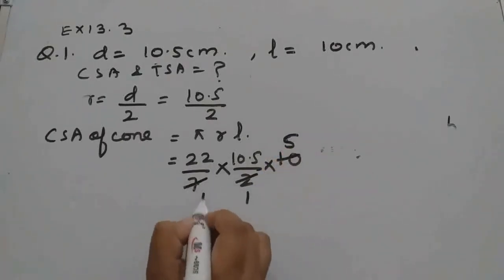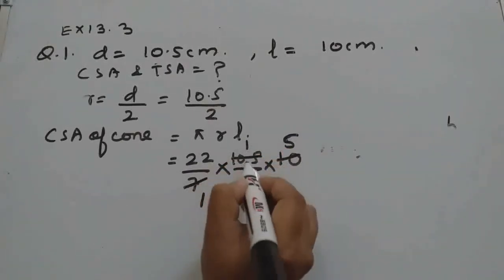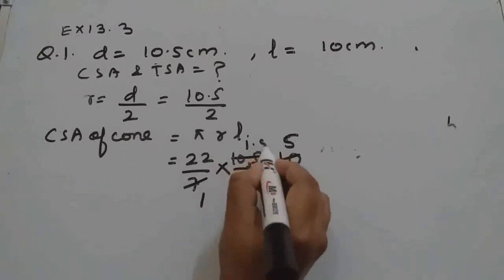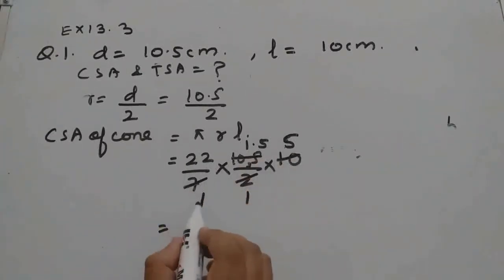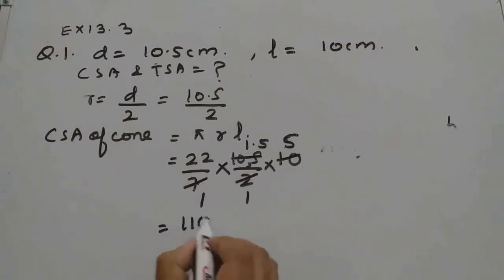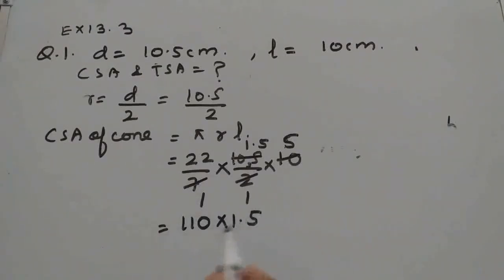Then with 7 we can cancel 7, 7 1s are 7, 3 will remain, so 7 5s are... So this 5 into 22 will give 110 into 1.5. Now from 15 we can multiply. So for timing we can avoid decimal. So 15 ones are 15, 15 times 11 is 165. Then one digit decimal is there, so one digit. So answer is 165 centimeter square.